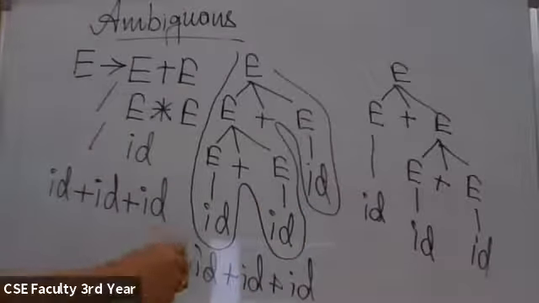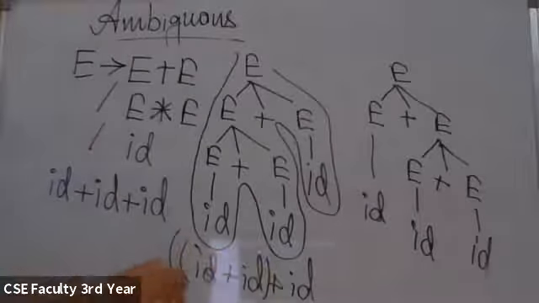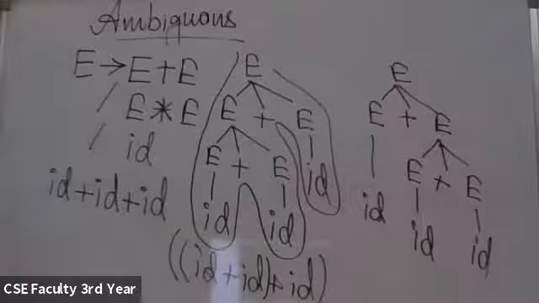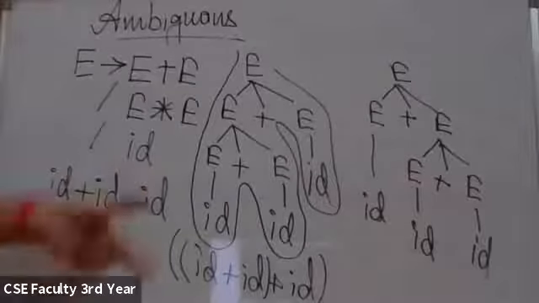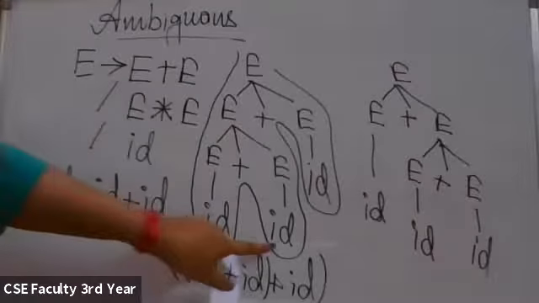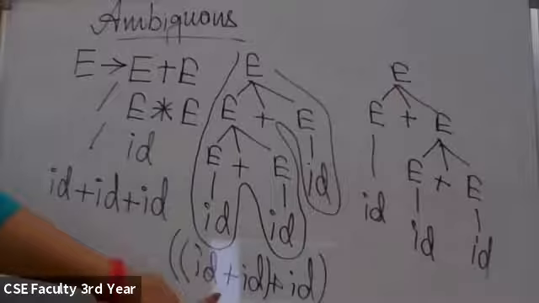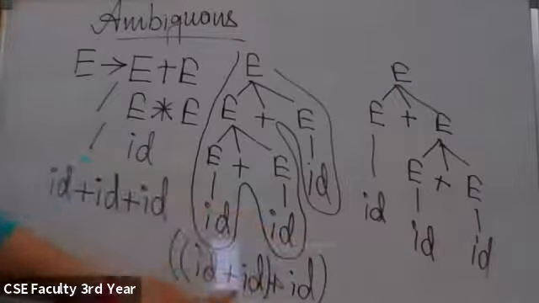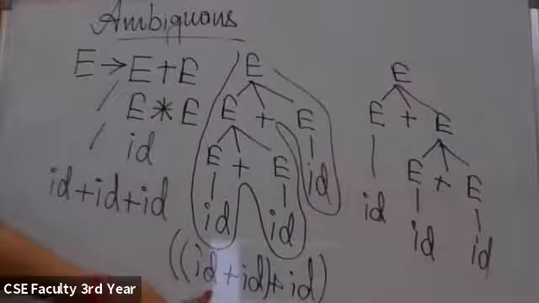So this is left associative, as you can understand from this parse tree. This addition will take place first and then this addition. So in this case, plus is left associative.